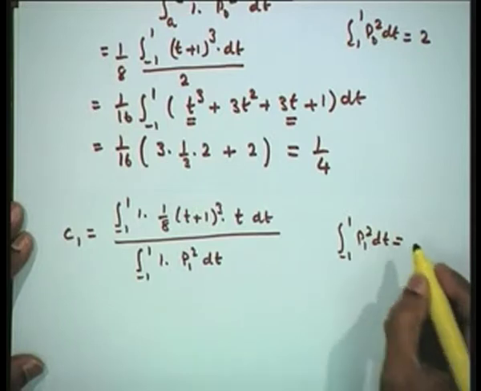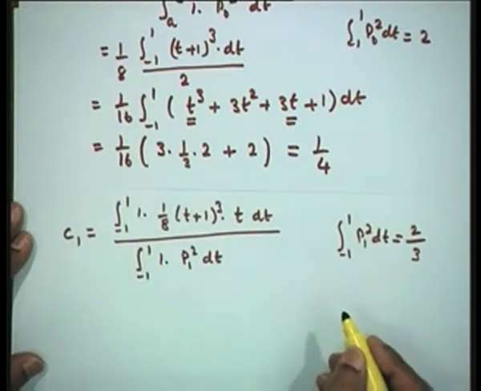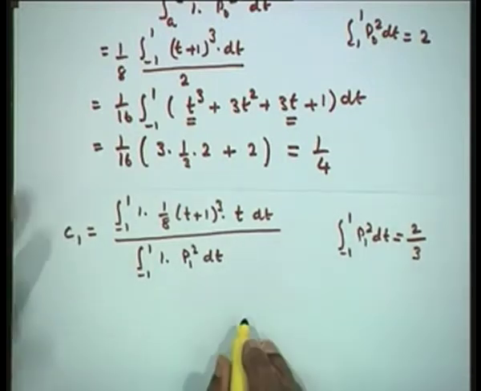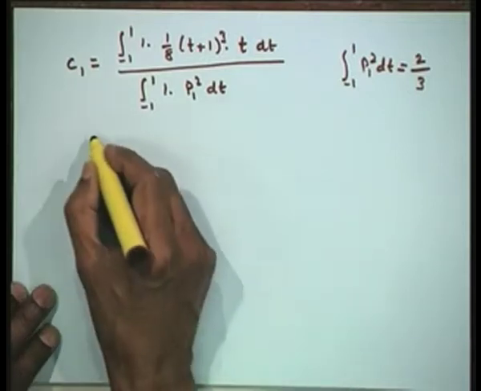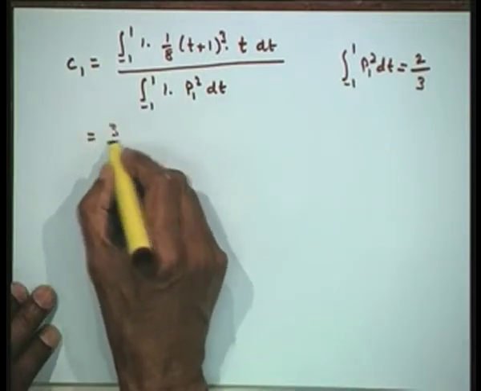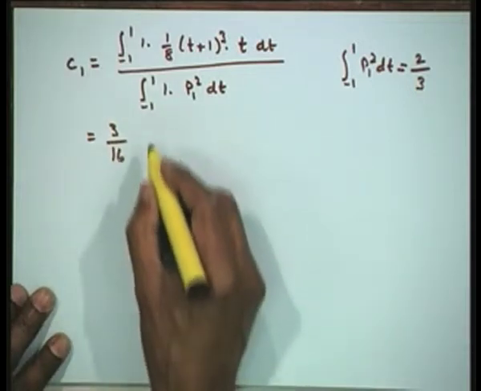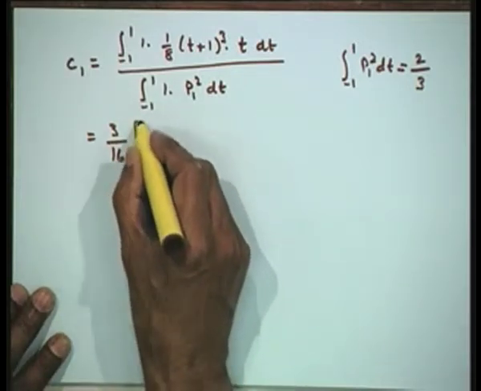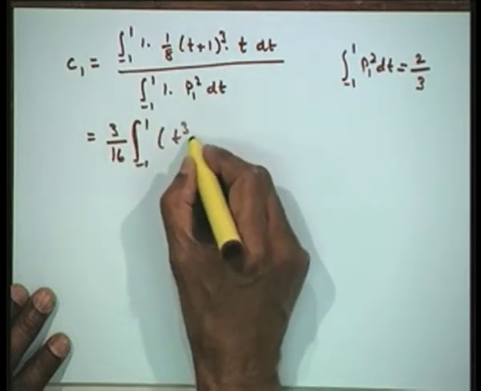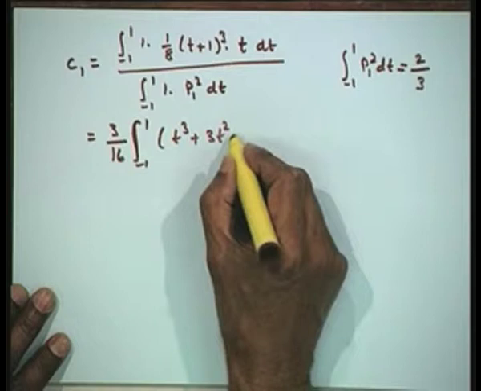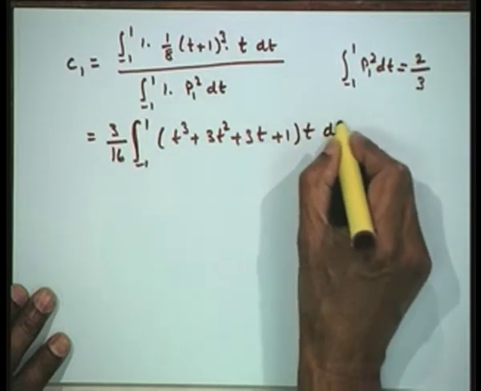Now, the integral of P1 square dt is 2 upon 2n plus 1, therefore 2 upon 2 plus 1, that is equal to 3. Therefore, the value of the denominator is 2 by 3. Therefore, we can write this as 3 by 2 and this is 8, that is 16, 3 by 16, and let us open this up, that is t cubed plus 3 t square plus 3 t plus 1 into t dt.